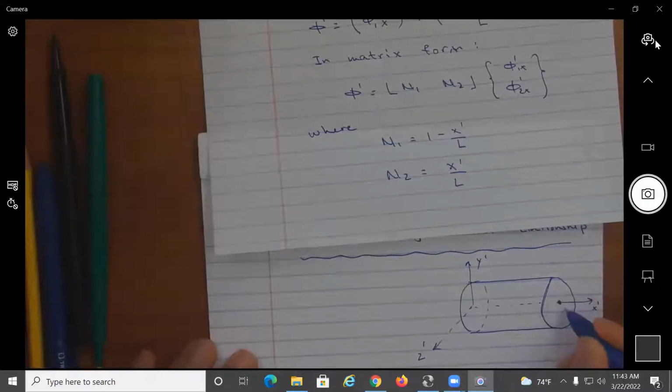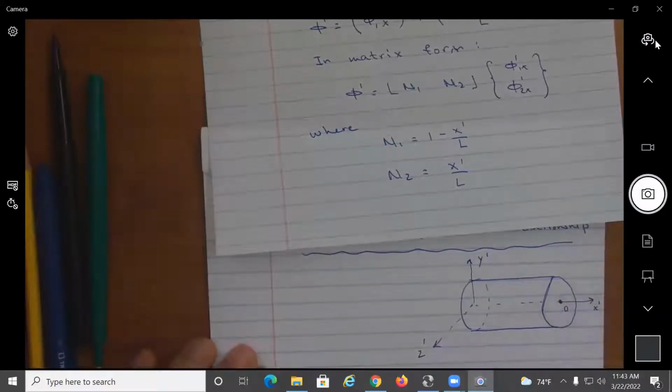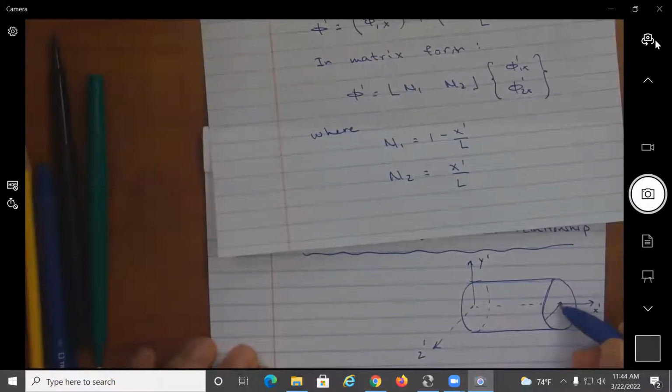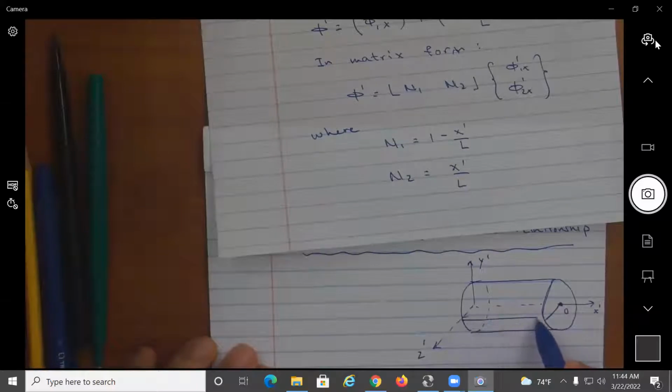This is the center O. And if I'm looking at the xz plane, x prime z prime plane, imagine this is before we have any displacement.